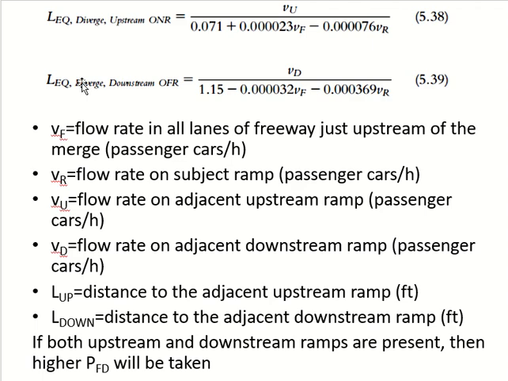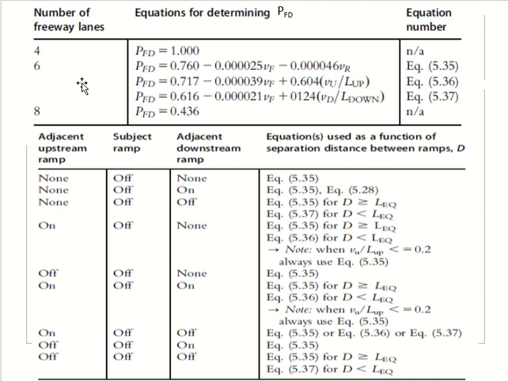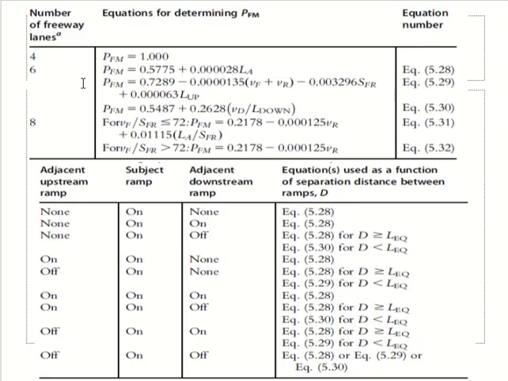Anyways, so we are looking for the condition here. We were here. On ramp upstream, my ramp is on, and off ramp downstream. I have to select between one of these conditions. My D is less or more.